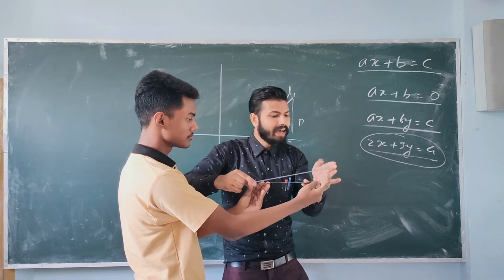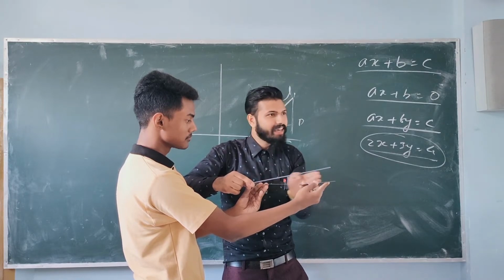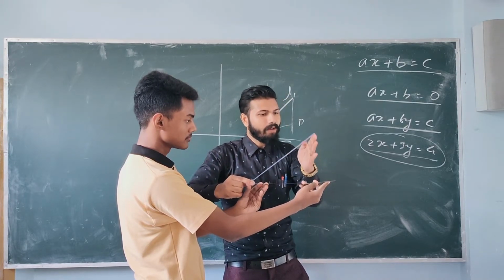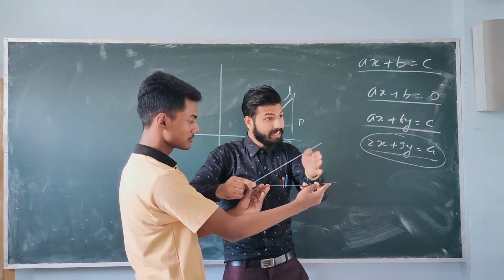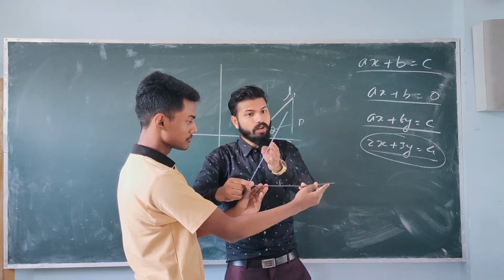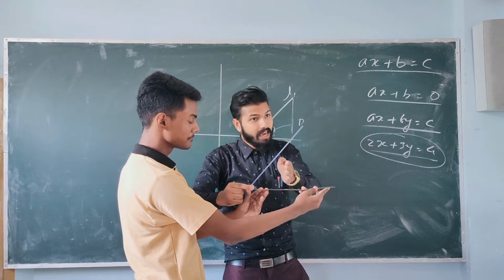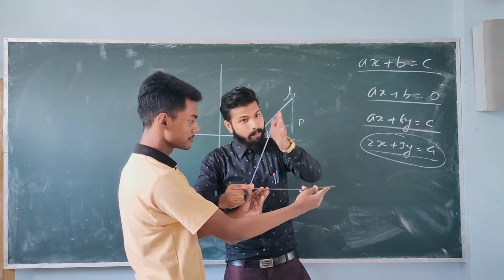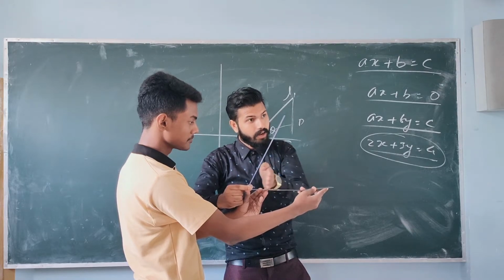Earlier it was this much, and the base was this much only. But when I increase theta, the height of this triangle increases, but the base reduces. If I go on increasing more, the perpendicular goes on increasing, but the base goes on decreasing.